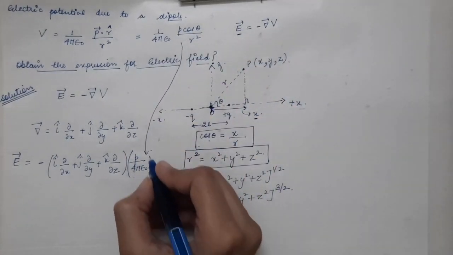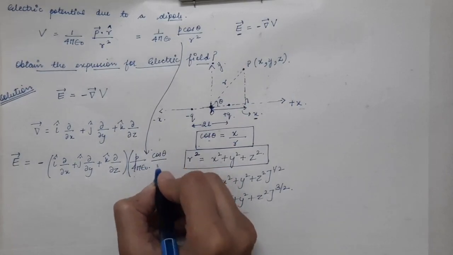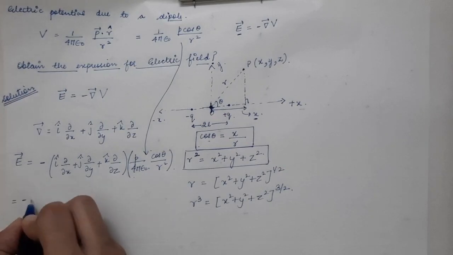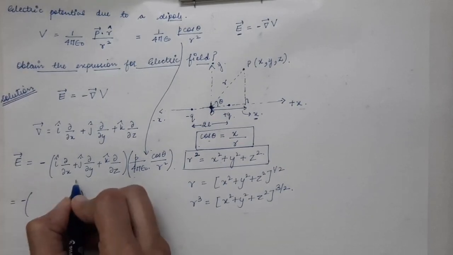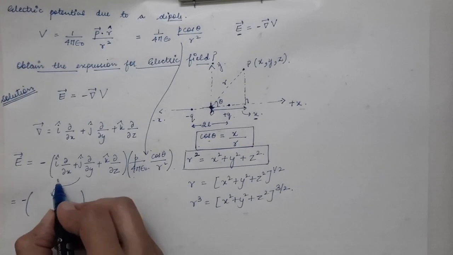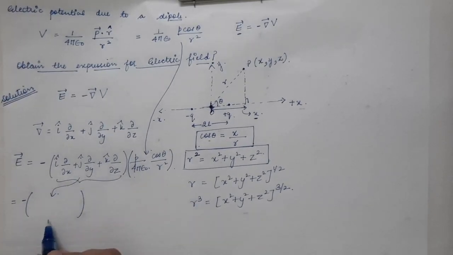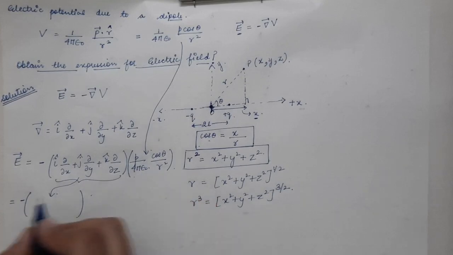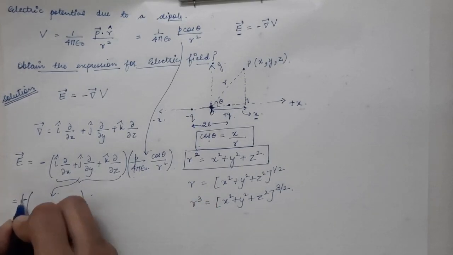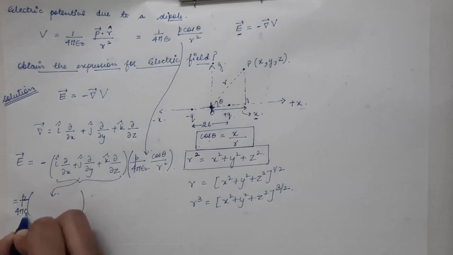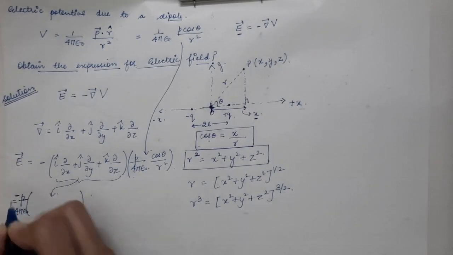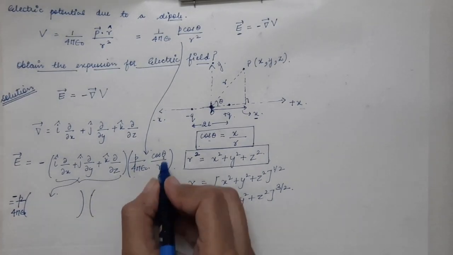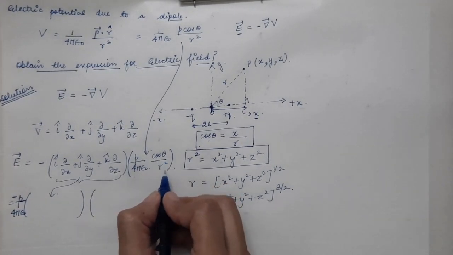So p by 4 pi epsilon naught cos theta divided by r square, that will be equal to minus of this whole expression over here. So this whole del operator will come over here, and then we will have p by 4 pi epsilon naught, that is a constant, so it can be taken outside the operator. With a negative sign, it will remain as it is. Then on the right hand side, we will have x divided by r cube.